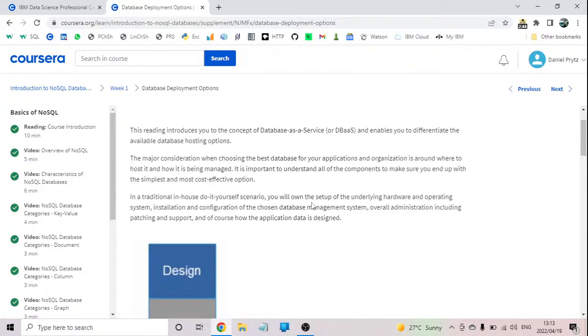Okay, there it is, the do-it-yourself one.